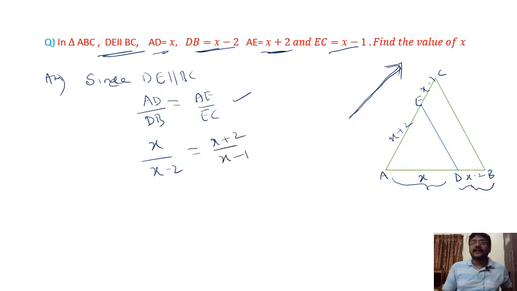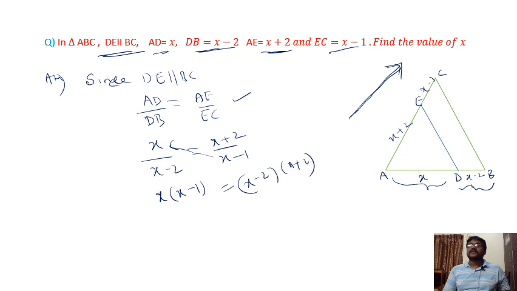Okay, right. After this, some general procedure we have to follow. Cross multiply this, x into x minus 1. So let me write once again, right? x into x minus 1, this one and this one, is equal to x minus 2 into x plus 2.